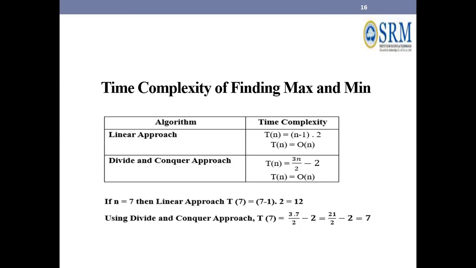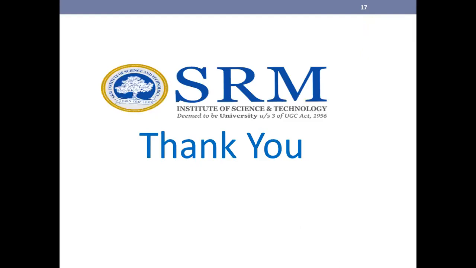So when we go for the divide and conquer approach, we can reduce the basic operations from 12 to 7 if n is equal to 7. So thank you.